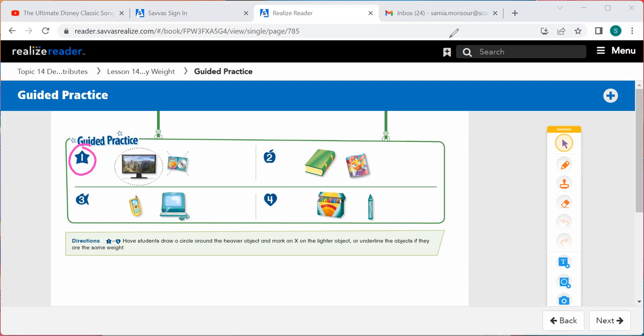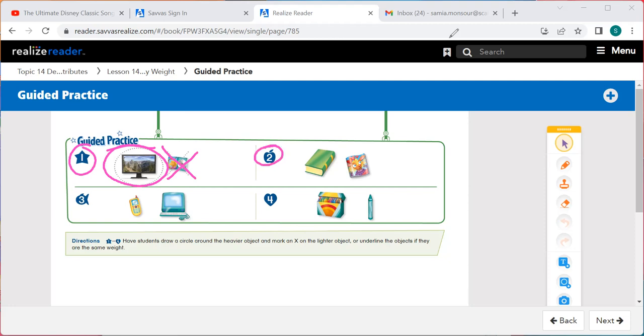So number 1, which of those objects looks heavier? The TV or the CD player? It looks like the TV would be heavier and this CD would probably be lighter.